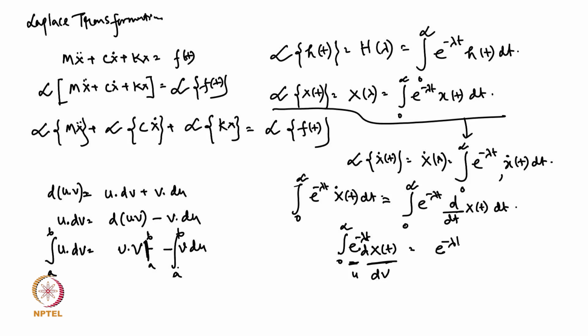e to the power of minus lambda t into x of t from 0 to infinity, minus the integral from 0 to infinity.